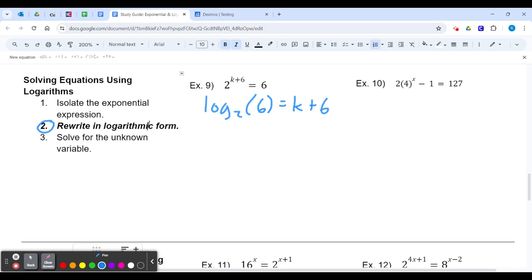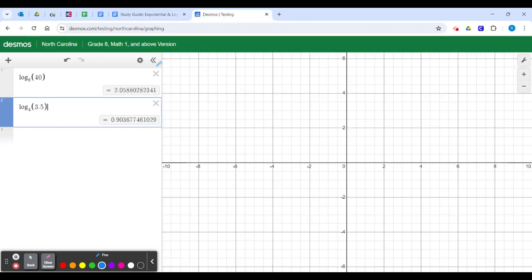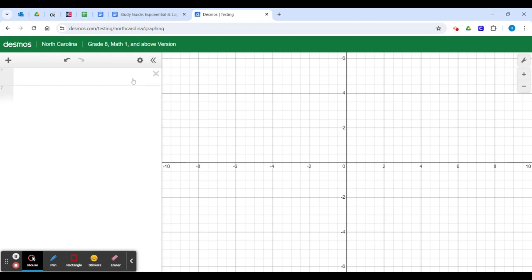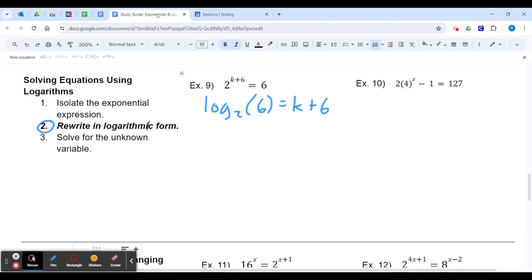Now we could evaluate log base 2 of 6 if we wanted. Right now, log base 2 of 6. However, that gives us a really long, nasty decimal. So remember, we got in the practice of saving that until the very end, and subtracting 6 from both sides instead so that we could get k alone.